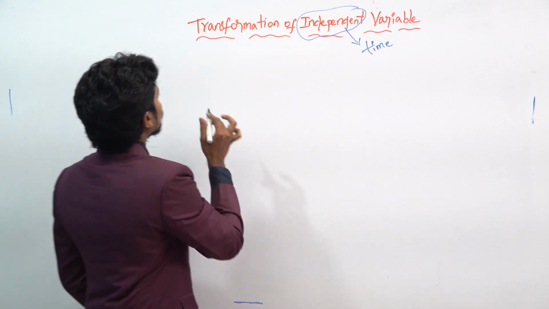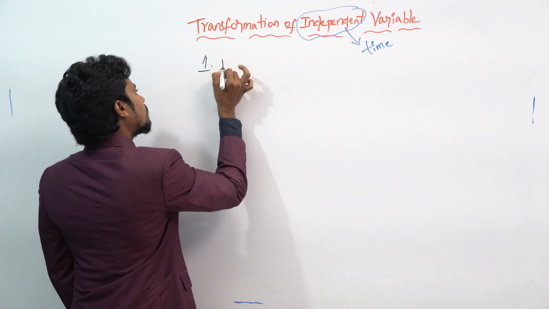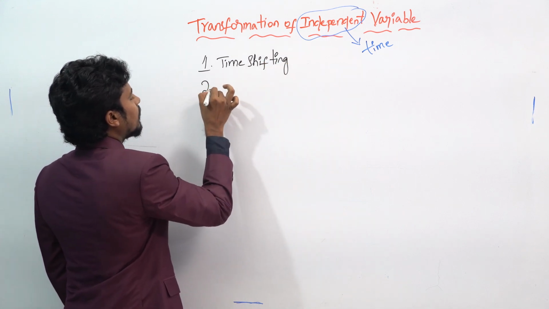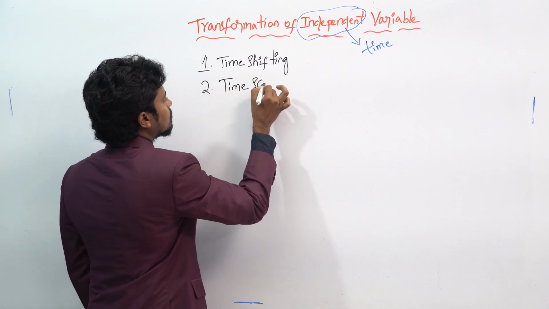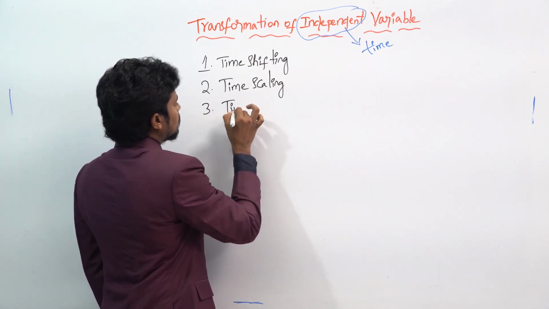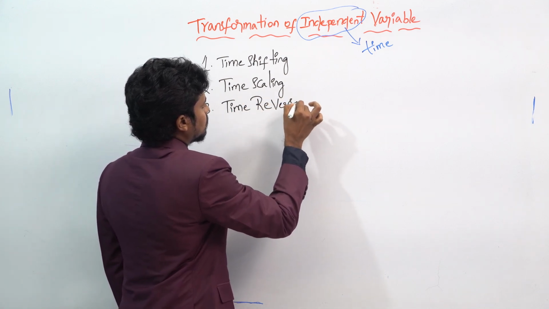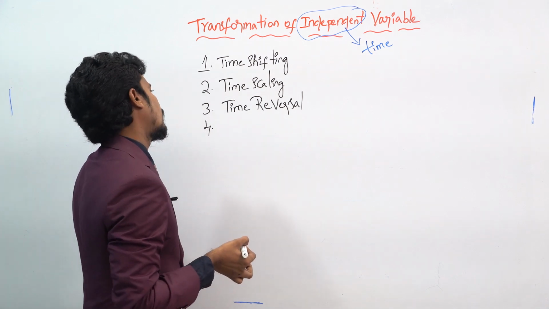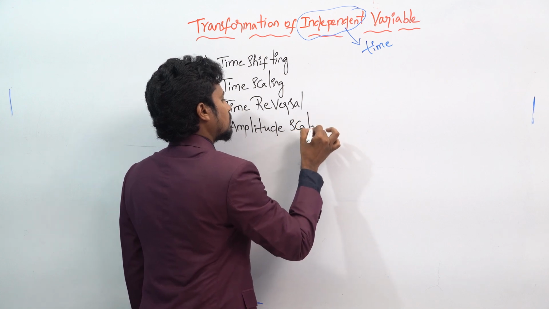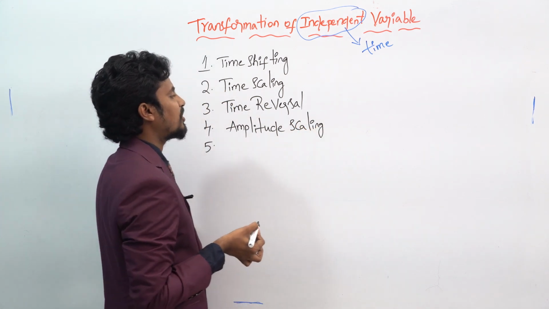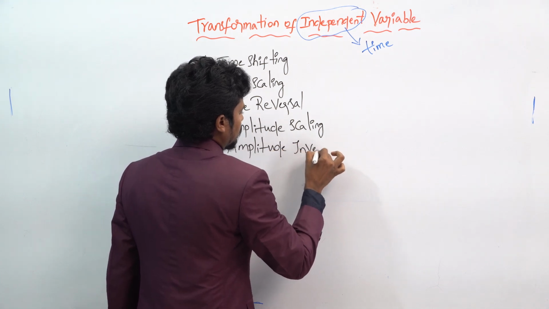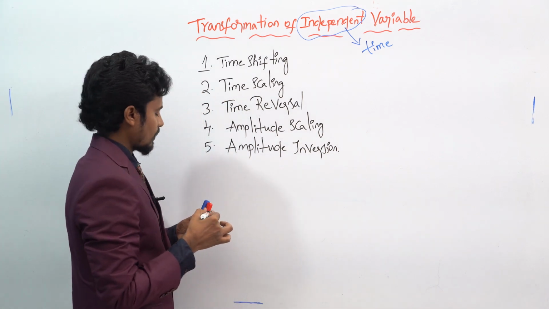The first is time shifting, the second is time scaling, the third is time reversal, the fourth is amplitude scaling, and the fifth is amplitude inversion. These were the five cases.